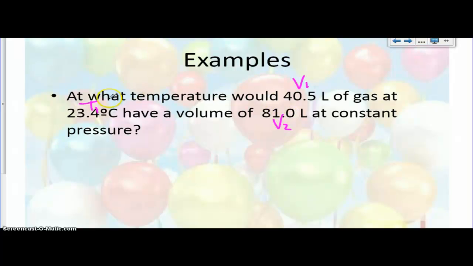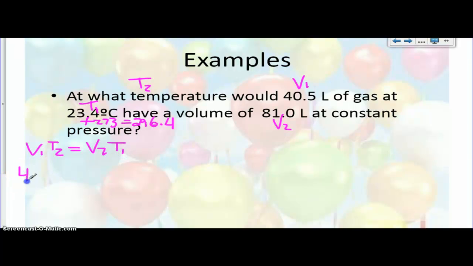So it wants to know at what temperature would this gas that's at this temperature be this volume. So we're looking for our T2. Now, of course, we have to get our temperature straight, so we're going to add 273. That's going to give us 296.4 Kelvin.